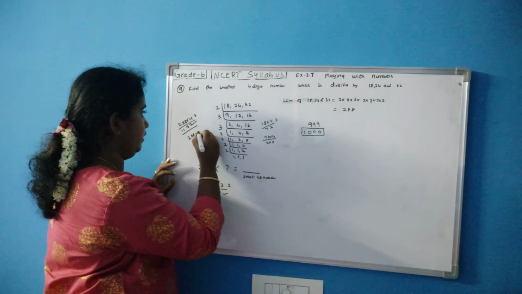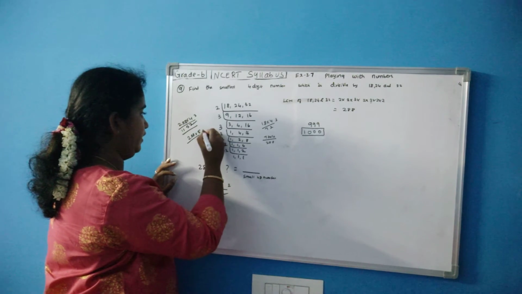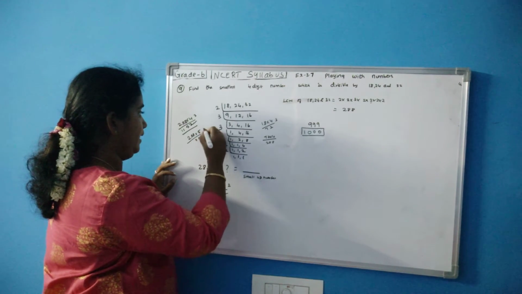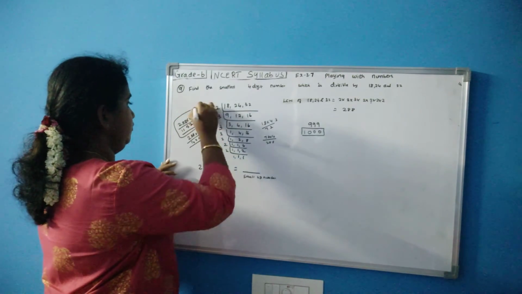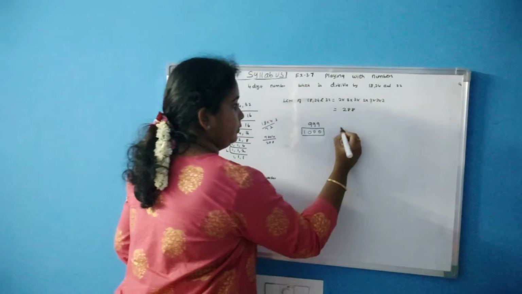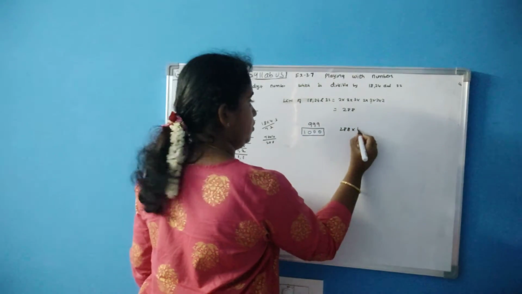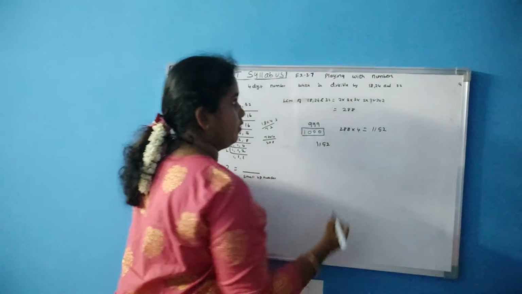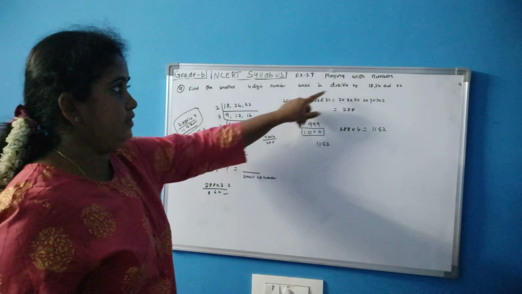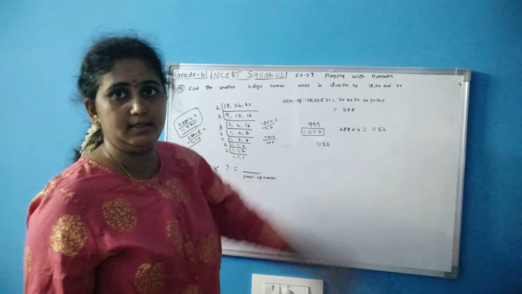Let us find for one more number, 5. 5 8s are 40, balance 4, 2 5s are 10, 14. So this is your smallest 4-digit number. 288 into 4 gives me 1152. So 1152 is the smallest 4-digit number which is divisible by 18, 24 and 32.